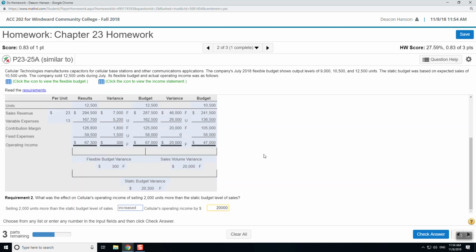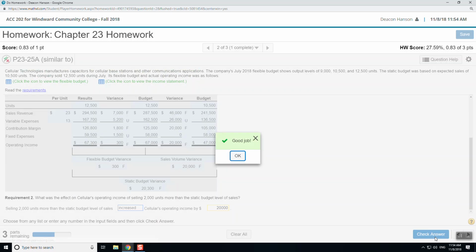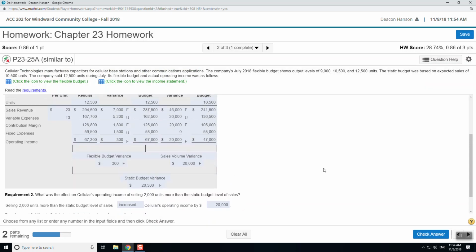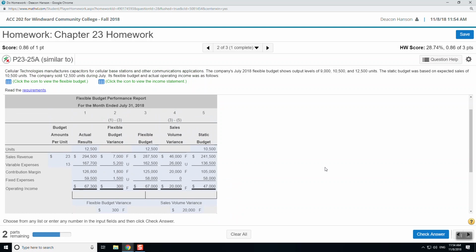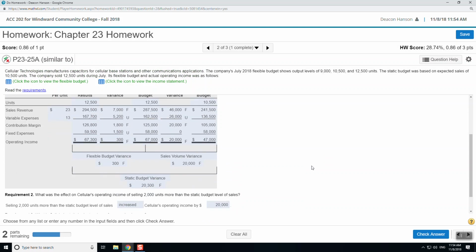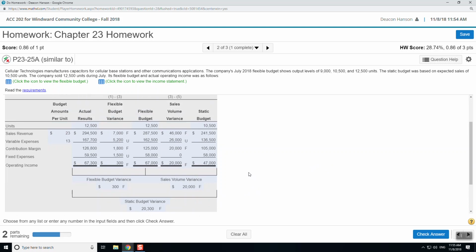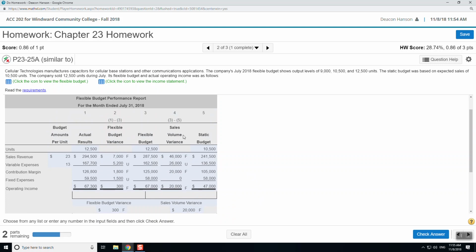Let's see if we're right. You could have gotten sucked in and put 20,300, but the question says 2,000 units more than the static budget level of sales. So that indicates you should be focused on the volume difference, which our analysis here isolated.